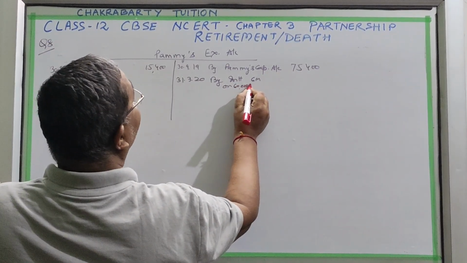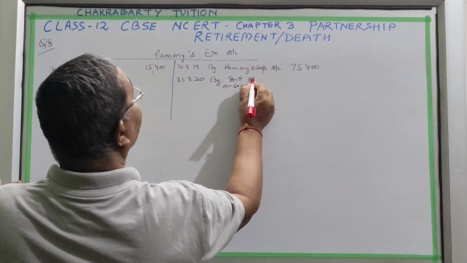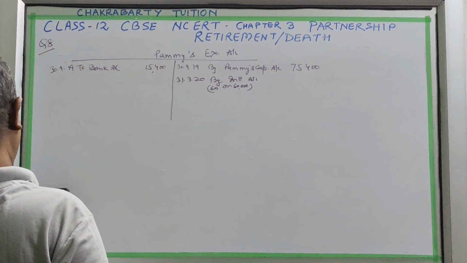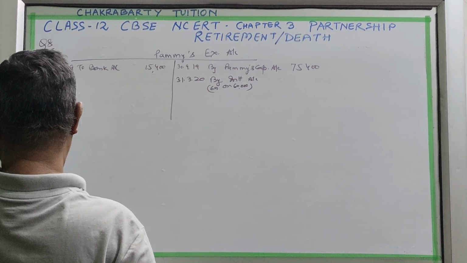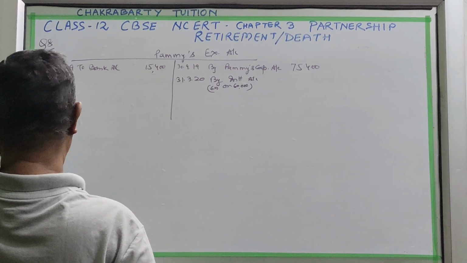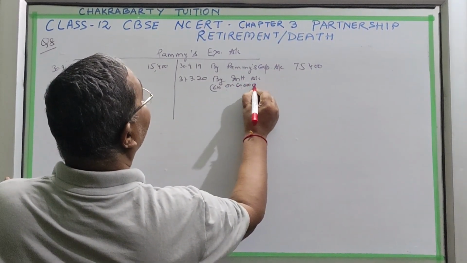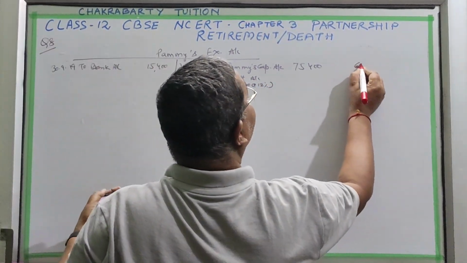Six months interest, at which rate? On the unpaid executor balance, at the rate of 12%. For 6 months we will calculate on 60,000.